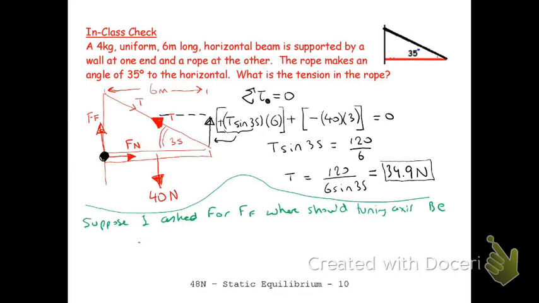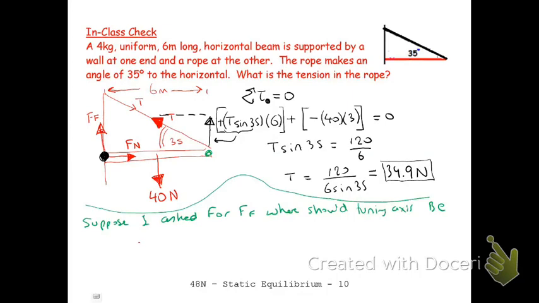B. And what you're going to do is you're going to say, I don't want Fn, so you're going to put your thing there, and I don't want T. Oh, it's going to be at that point. You can solve it if you put the turning axis anywhere. As long as you keep doing it, you can get 3 equations, 3 unknowns. But man, that saves you a lot of work.